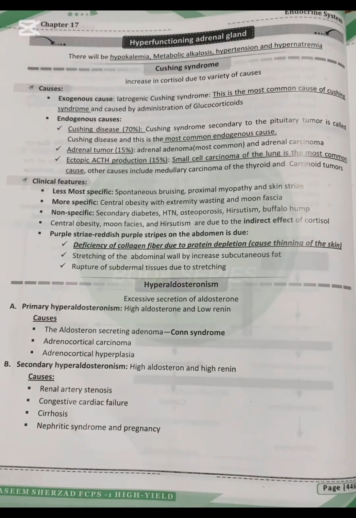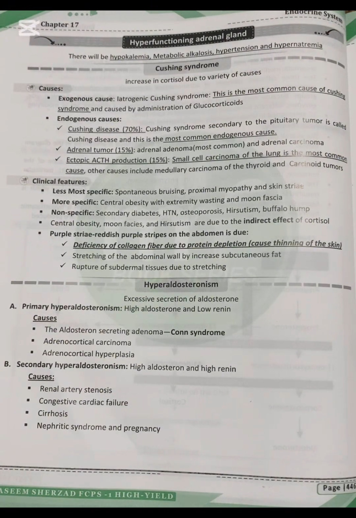So these are broadly divided into hyperfunctioning and hypofunctioning of the adrenal gland, specifically only regarding the cortex. The diseases of the cortex are divided into hyperfunctioning and hypofunctioning. This I have written in my own style, because it was very easy for me to correlate things.